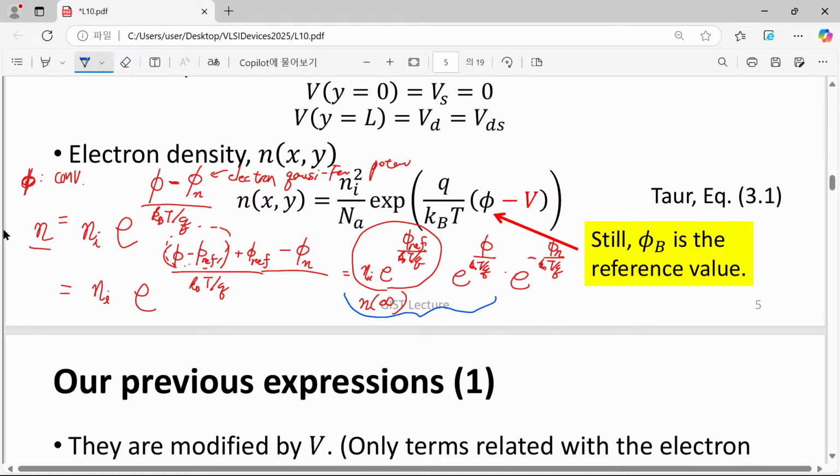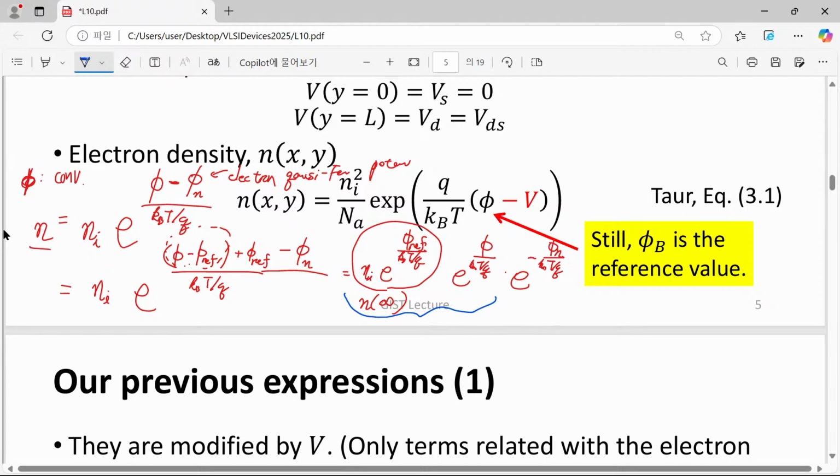So in our MOS capacitor study, if we adopt Professor Tower's potential convention, then electron density is given as the minority electron density times exponential phi over thermal voltage. That was it.